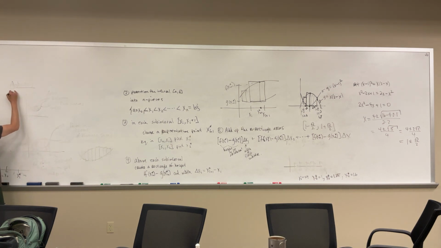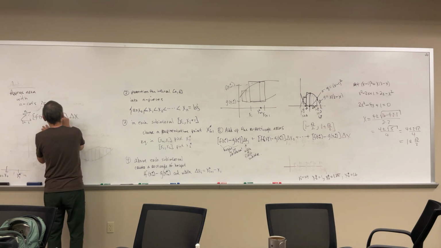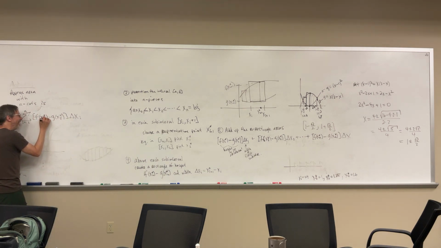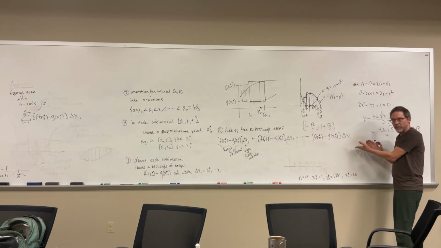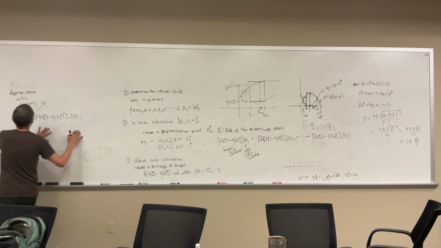So our approximate area with n cuts is, I'm going to use sum notation, summation i equals 1 to n, the height of the ith one times the width of the ith one, so that's i down there. And this summation here is just this, written in a compact form. There's nothing fancy, this just notates into this.